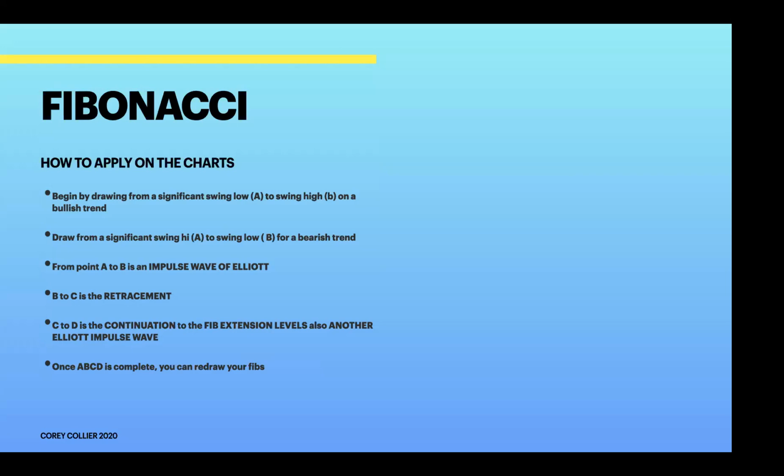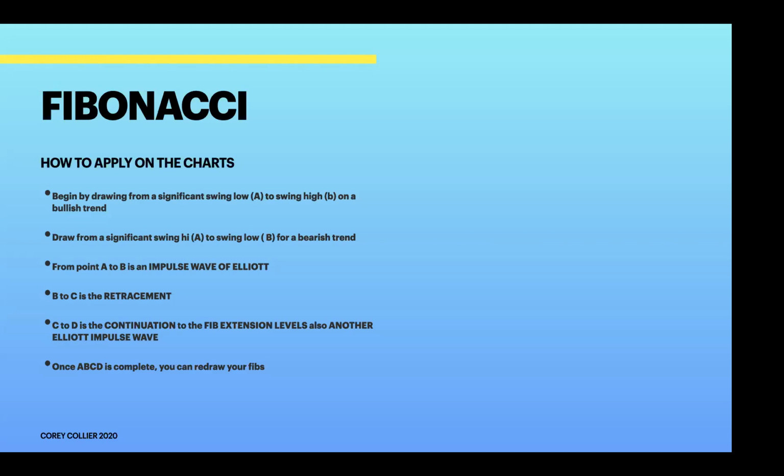So what that means is if we see AB as wave 1, BC is going to be wave 2, C to D is going to be wave 3. So the strategy that I'm teaching you guys teaches you to catch full waves, basically, guys, right?